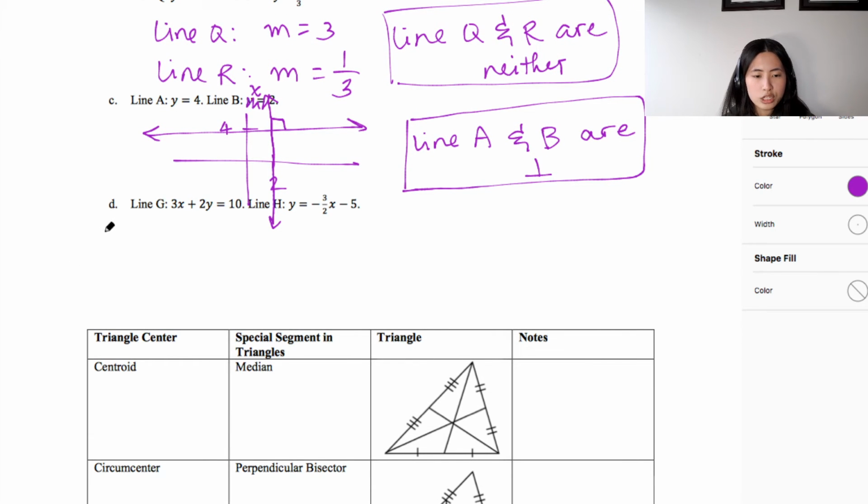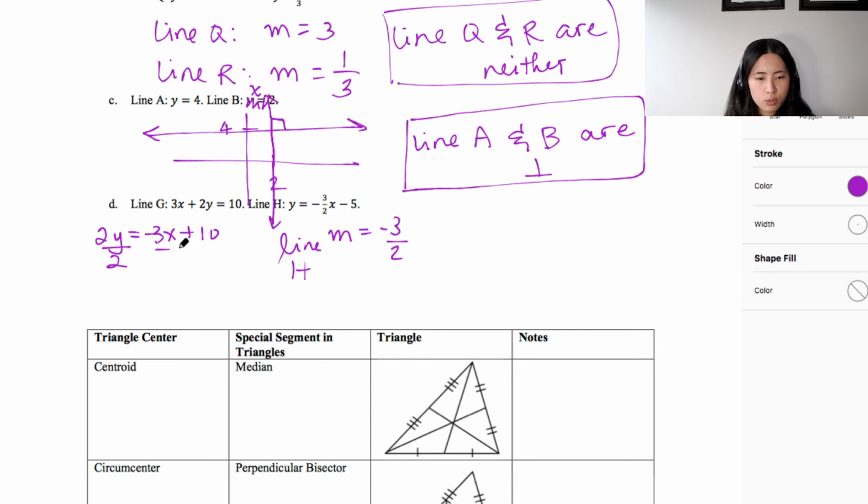Okay, so for line G, we have 3x plus 2y is equal to 10, and for line H, we have y is equal to -3 over 2x minus 5, right? So as you can see, for line H, we have a slope of -3 over 2. And for line G, maybe we can rearrange this equation. We would have 2y is equal to negative 3x plus 10.